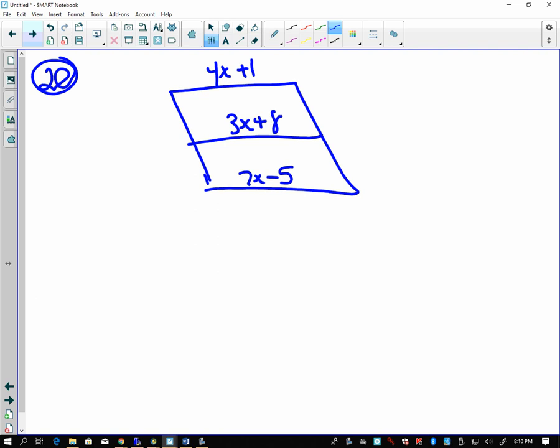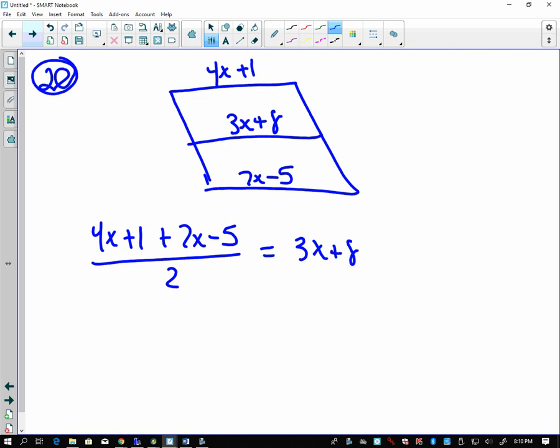Your top and bottom added together divided by 2, the average of your top and bottom, is your mid-segment, or the median of this particular trapezoid. So 4x plus 1 plus 7x minus 5, divided by 2, equals 3x plus 8.